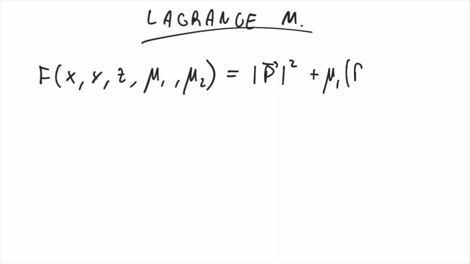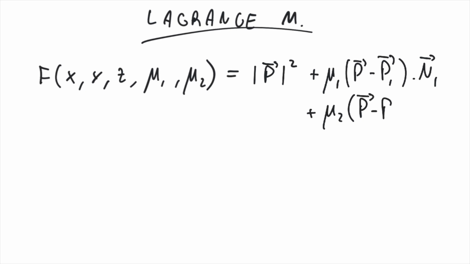In this case, mu1 is multiplied by p minus p1, scalar product n1, plus we have another constraint for the other plane, mu2 times p minus p2 scalar product n2. So this function depends on the coordinates of the point p. It depends on two more quantities, variables, which are the Lagrange multipliers. And therefore we have 5 unknowns and we need 5 equations to solve them.